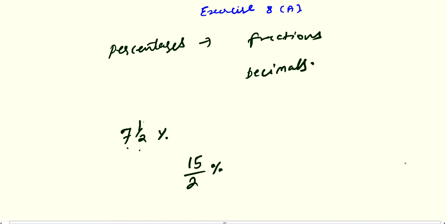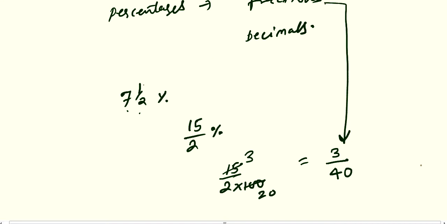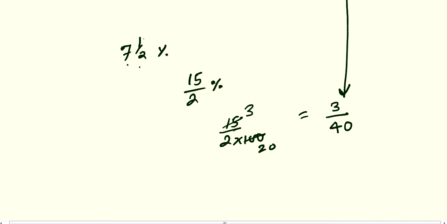Now percent is already given, that means 15 by 2 into 1 by 100, because whenever we are converting percent into another quantity, we have to divide by 100. Now 5 3 ja, then 5 20 ja. Then the final answer is 3 by 40. So in the fraction form 3 by 40 will be the required answer.